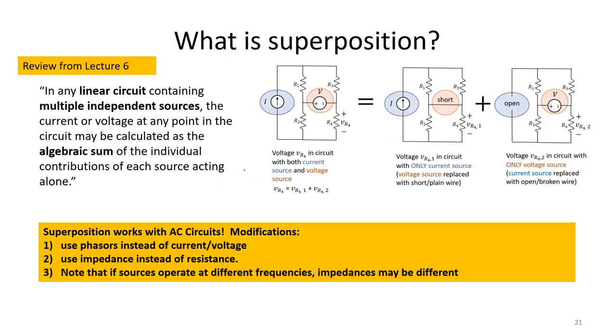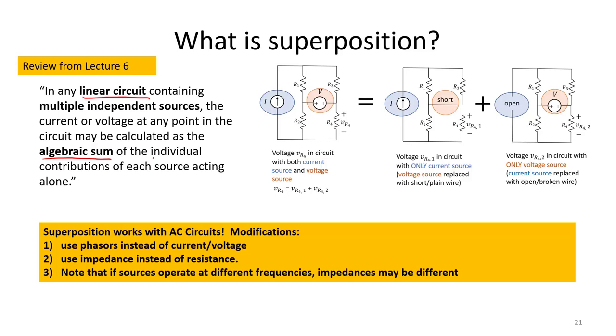All right, let's now move on to superposition. You'll remember, also from Lecture 6, that we introduced superposition for DC circuits. We learned that in any linear circuit containing multiple independent sources, the current or voltage at any point in the circuit can be calculated as the algebraic sum of the individual contributions of each source acting alone.